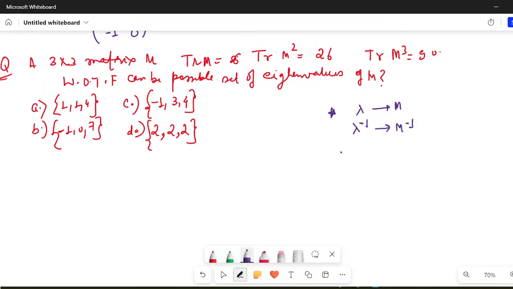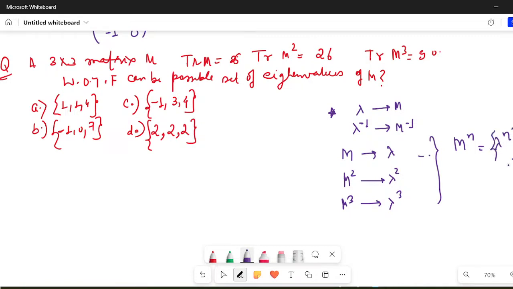Similarly, if M has a set of eigenvalues given by lambda, then for M square the eigenvalues will be squared. For M cube, eigenvalues will be cubed, and so on. So for the matrix M raised to power n, the eigenvalues will be like this.